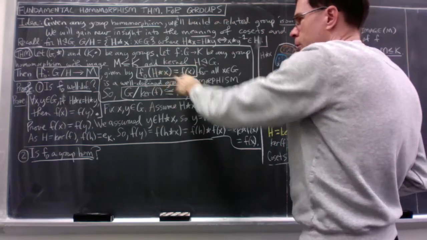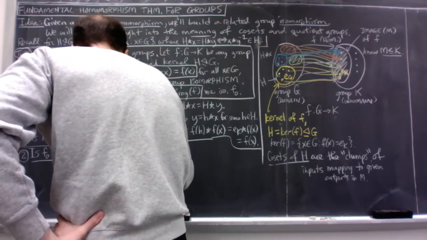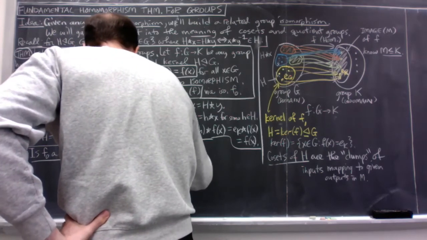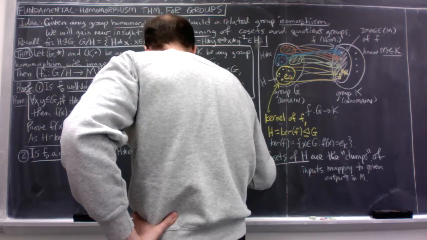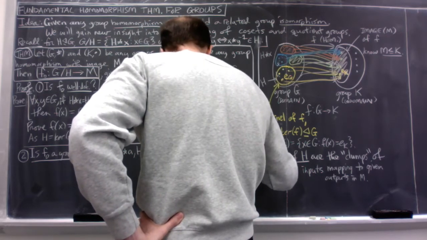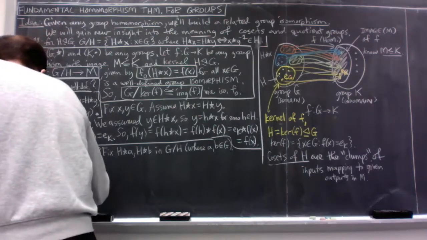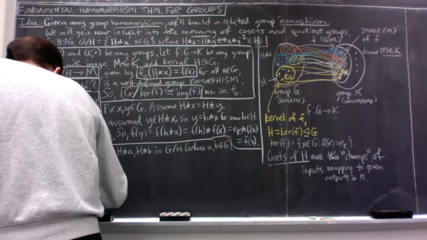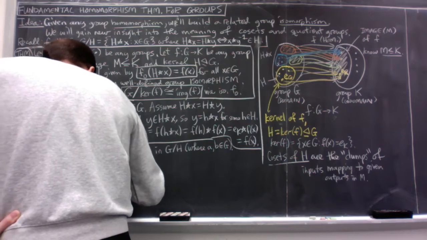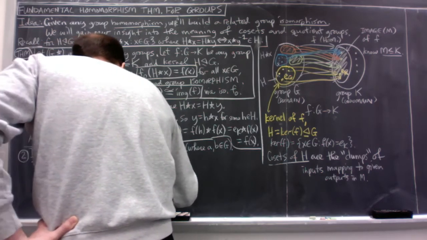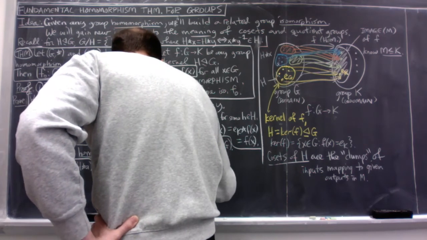So now let's fix 2 elements of G slash H. Maybe we could call them H star a and H star b in G slash H. A and b come from capital G. And let's check that F naught of the product of those cosets is really equal to F naught of H star a dot F naught of H star b.